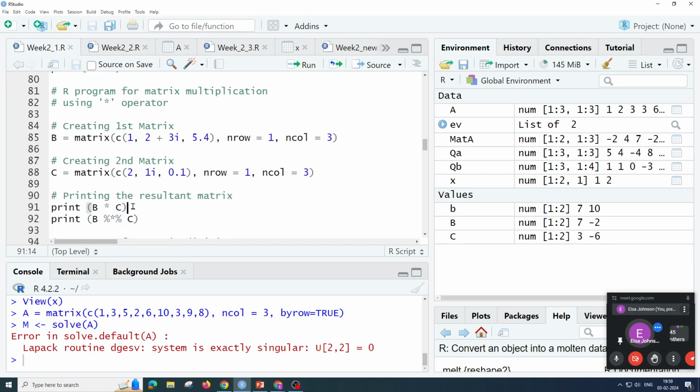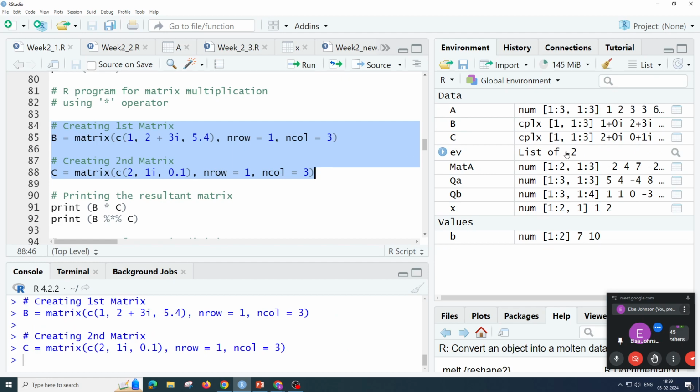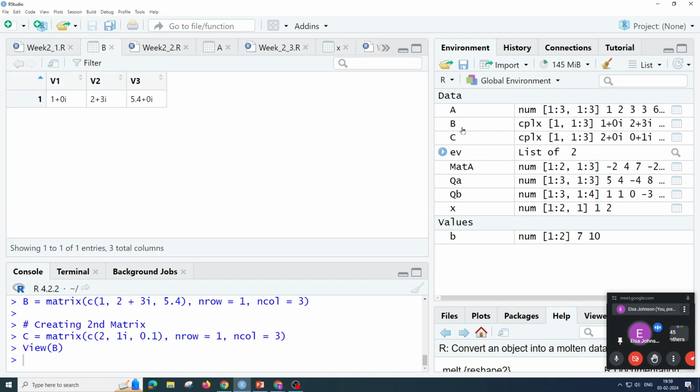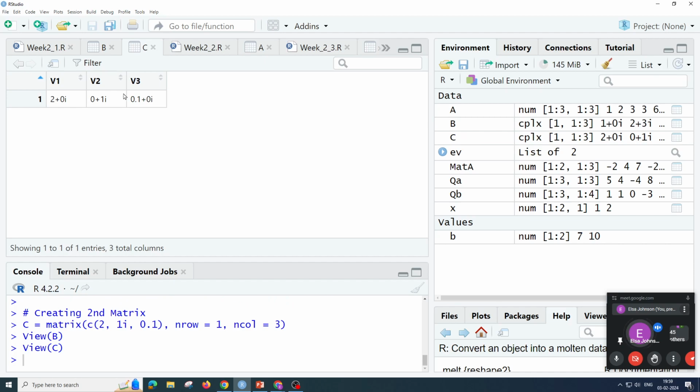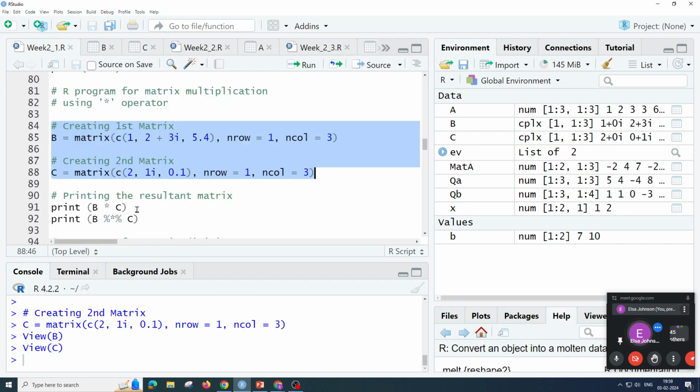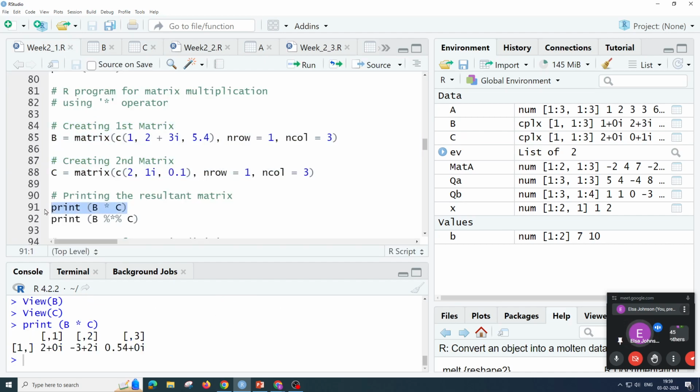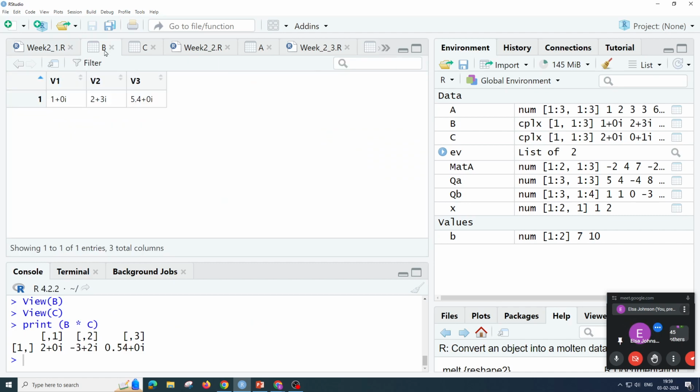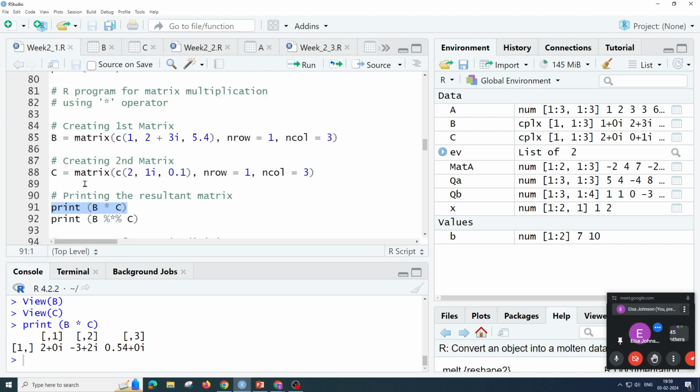Then multiplication, I have shown both kinds. If I just run these two, B is this one, C is this one. If I give just B into C, the elements in B are multiplied with the corresponding elements of C. It's not matrix multiplication, it's just the corresponding elements in each column being multiplied.